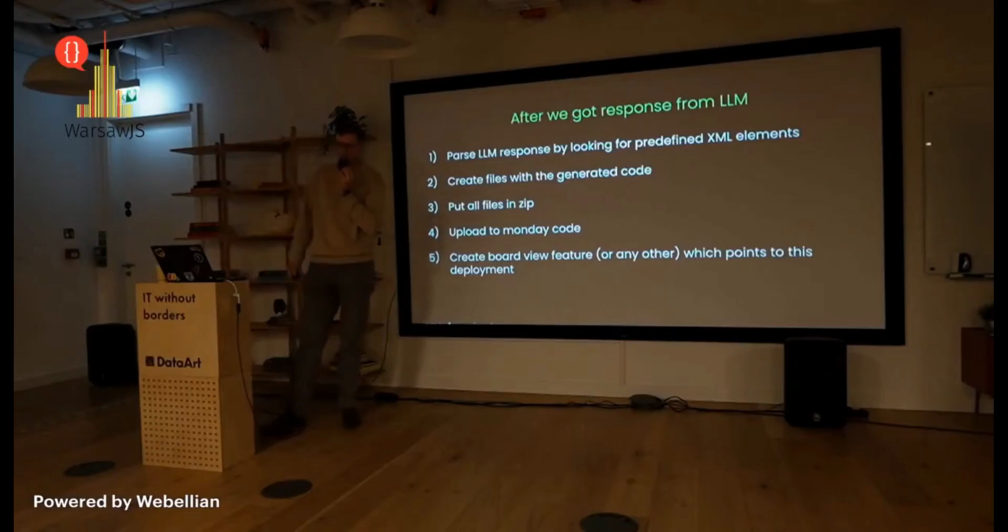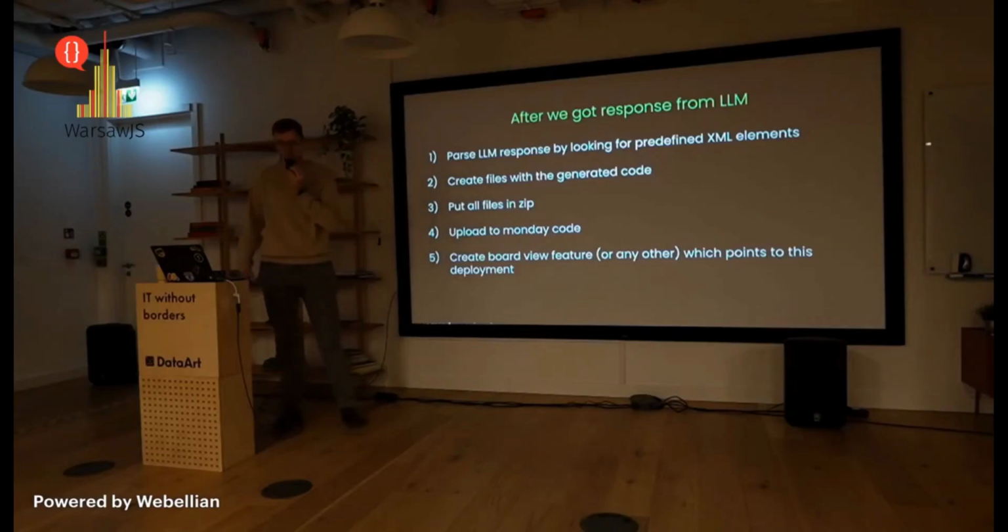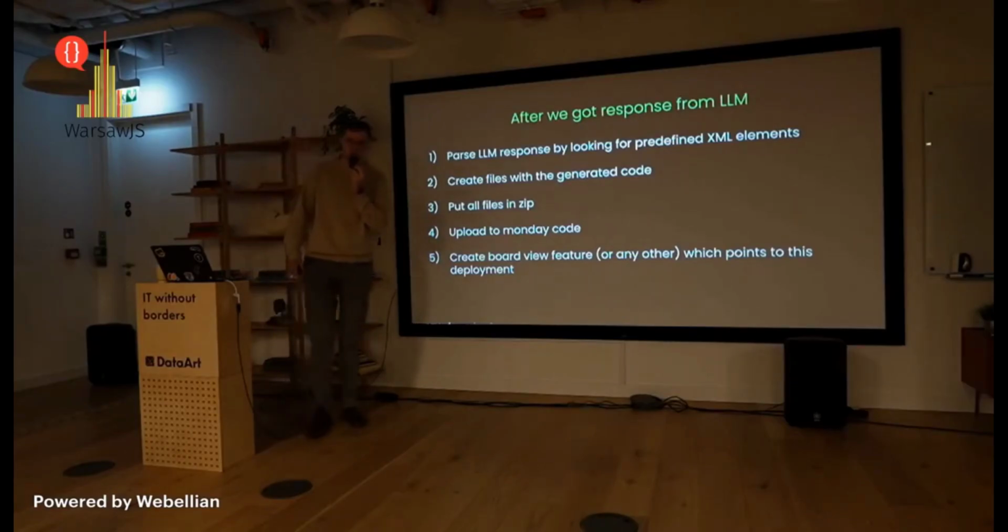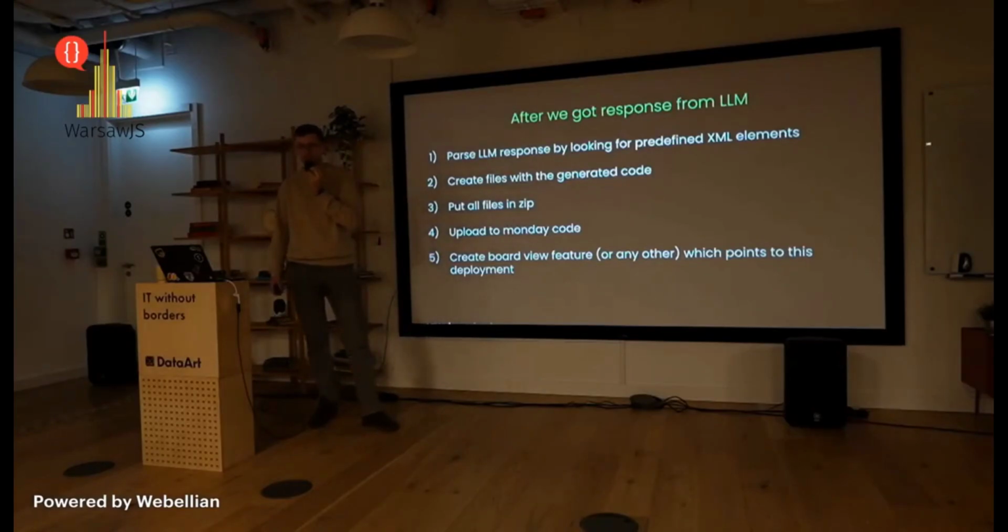So first of all, you need to parse the string and find all these predefined XML elements. After that, you'll need to create files based on the generated code, put all the files in a zip, upload the zip to Mondecode. Mondecode is our hosting solution where you can deploy your front-end code and back-end code. And after that, create a board view feature, which will point to this deployment.